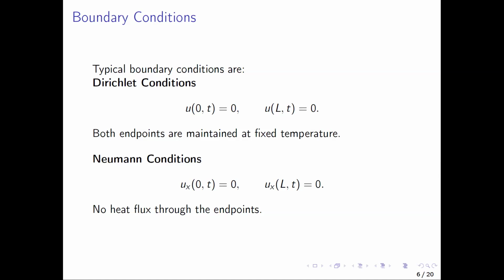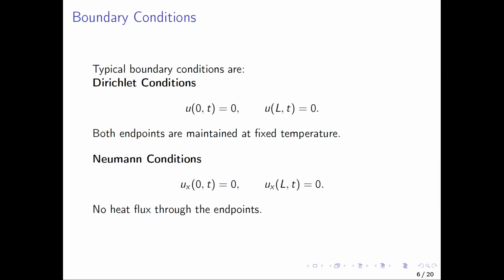In the Dirichlet case, physically, it means that both ends are kept at zero temperature. But of course, at some other points there are some other temperatures, so we try to catch an equilibrium there.